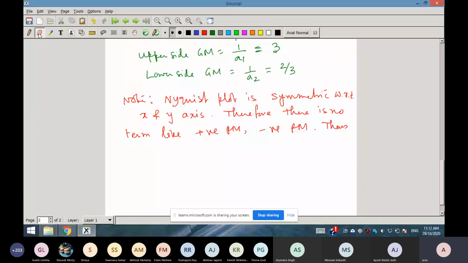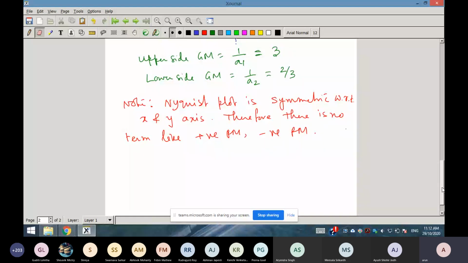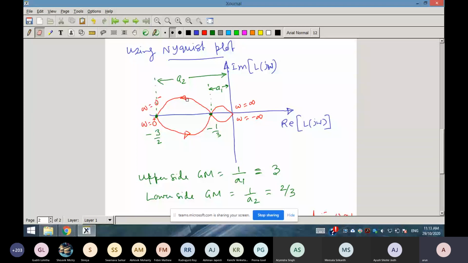So for the above example, what is the phase margin? The minus 1 point will be inside. So how to determine phase margin?